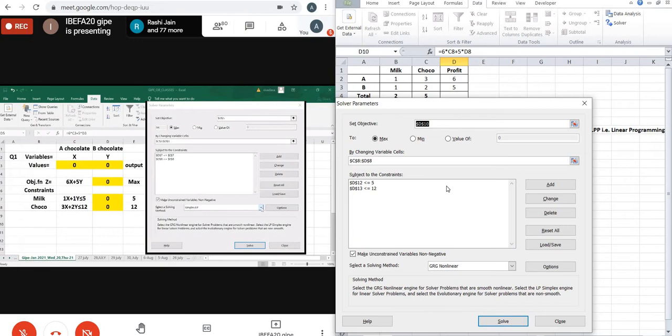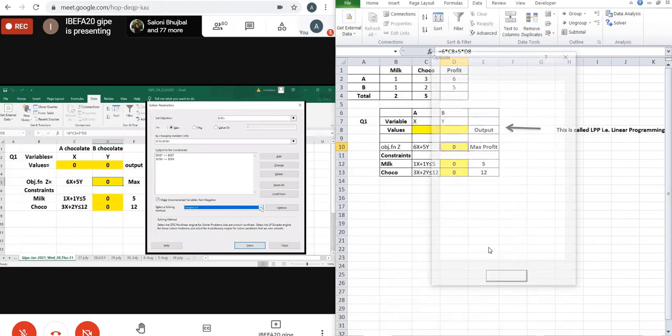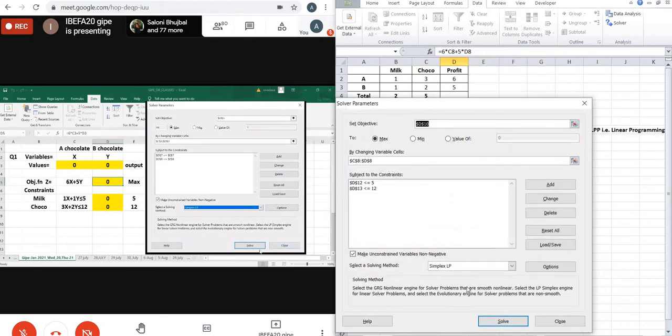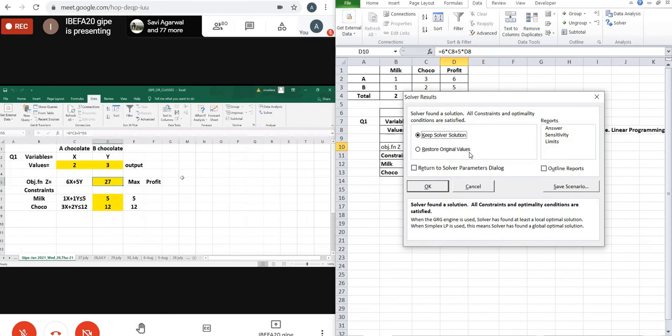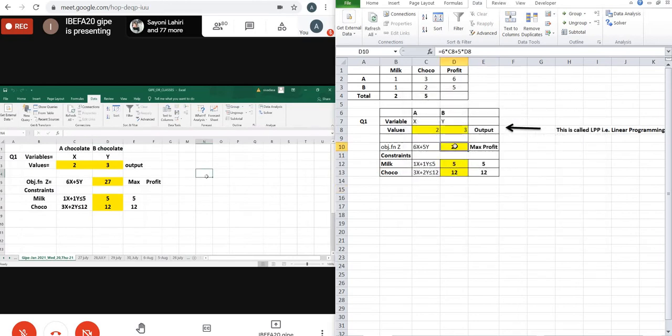Go to the method. There are plenty of methods, but here we are dealing with simplex method. Solve it. ₹27 is the maximum profit. 2 A-type biscuit, 3 B-type biscuit.